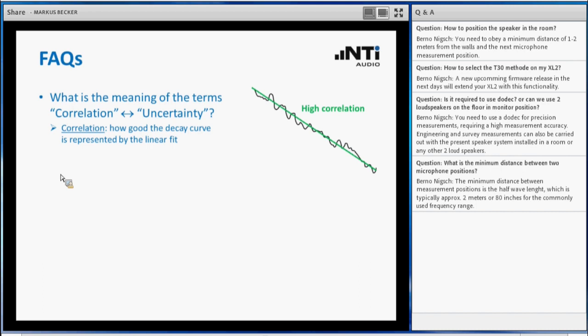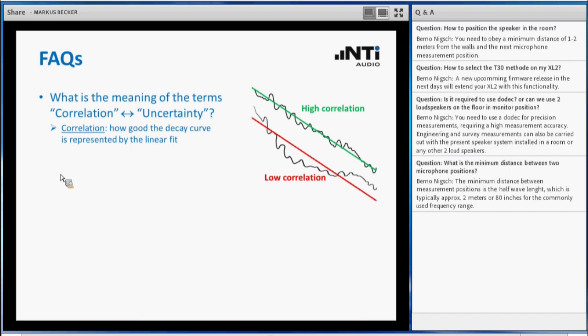You see the black curve, which is the actual decay, and the green straight line is the linear fit that the instrument calculates automatically to represent the decay curve. Here we have a pretty high correlation. However, it may happen that, for different reasons, for instance if the room is very asymmetric, the decay curve is not that straight, but has some curves, some distortions.